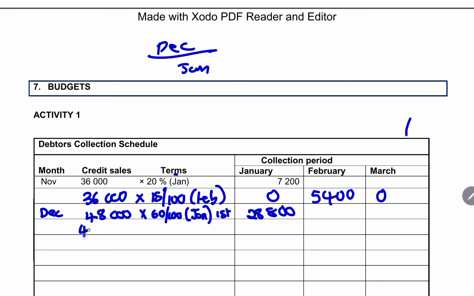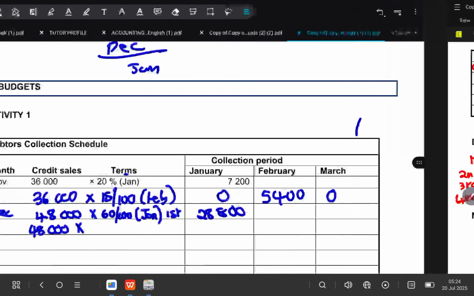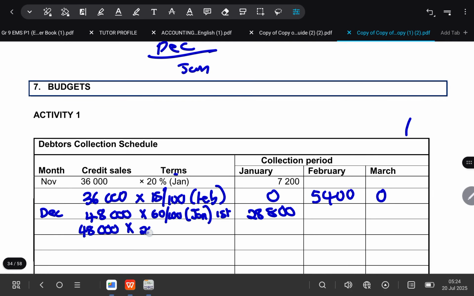So we say 48,000 multiplied by, remember, the next month the policy says it's 20%, so we're going to multiply it by 20 divided by 100, and this will be in the month of February, the second month.